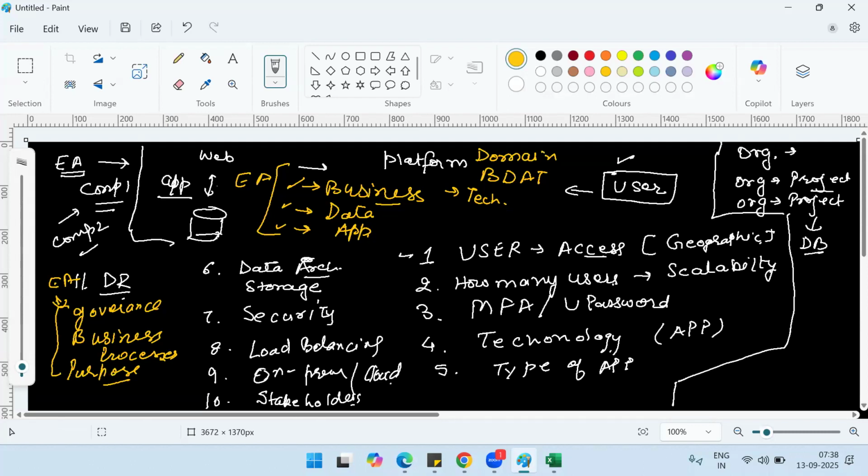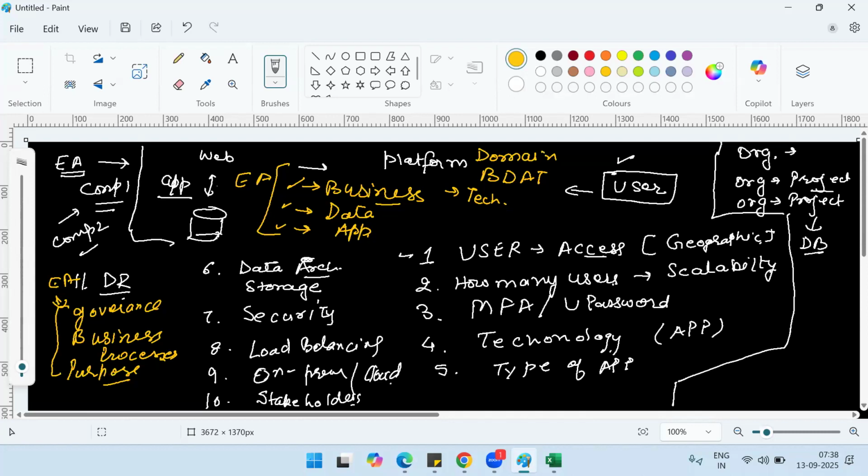When you are providing the solution, you need to know the business strategy, who the governance body is, what the organization is, and what the business processes are.